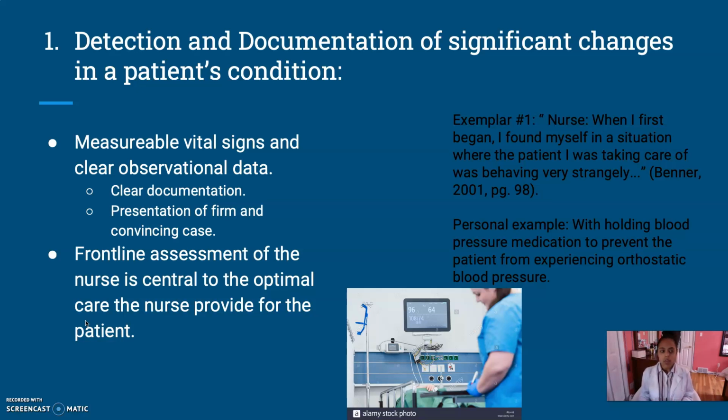However, his heart rate was less than 60, and the blood pressure medication doesn't have any hold parameters. So I went up to the doctor, I documented the recent vital signs I did. I presented to him the vital signs I took and the orthostatic blood pressures that the patient was experiencing the night before, and that convinced him to withhold the medication, which would have prevented complications for the patient.